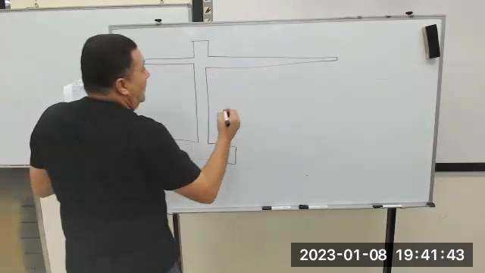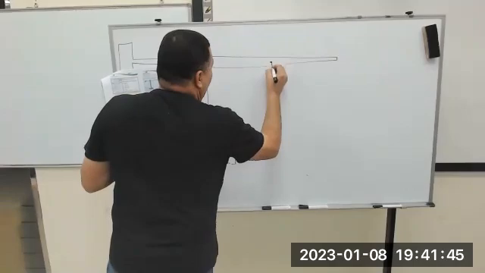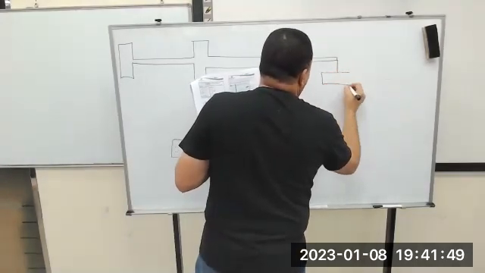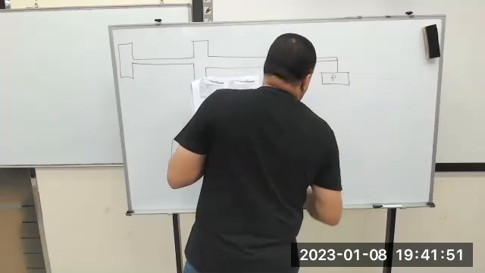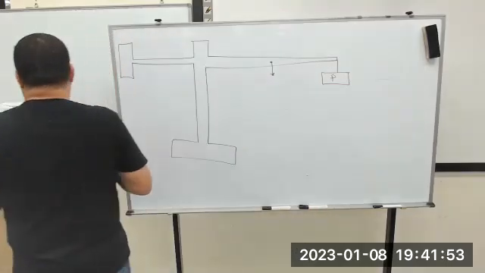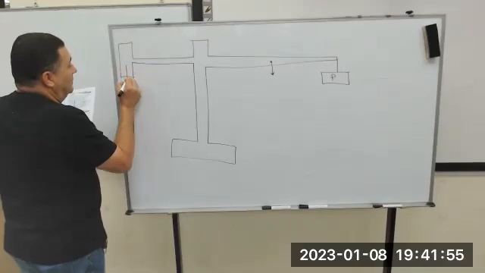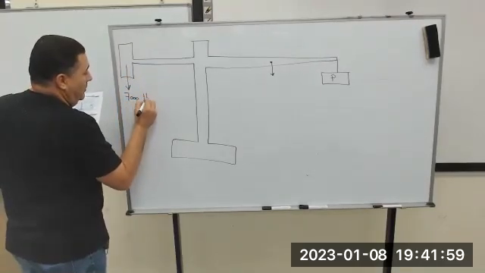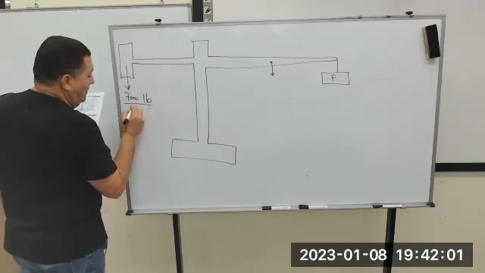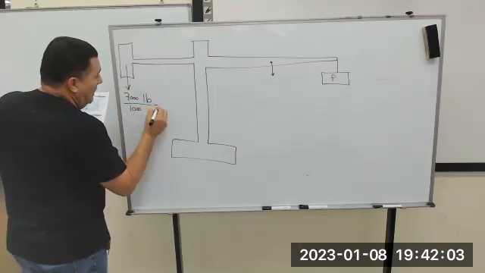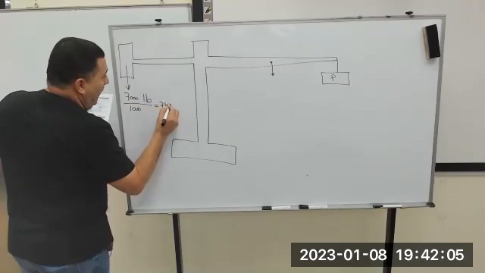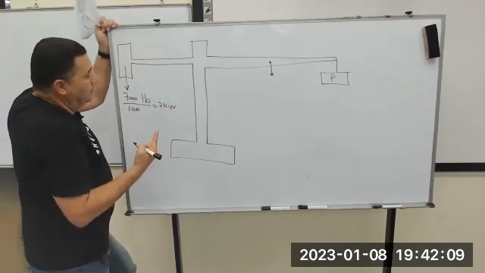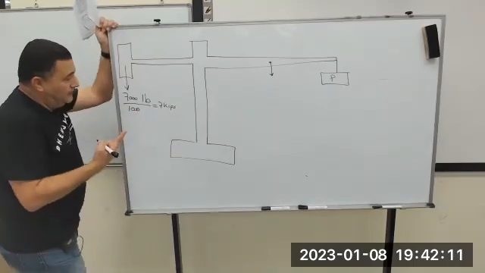Here we have loads. We need to know what the loads are here, and we have a counter load. This is 7,000 pounds divided by 1,000, you have 7 kips. Kilo pound, you have kip. 1 kilo pound is equal to 1,000 pounds.